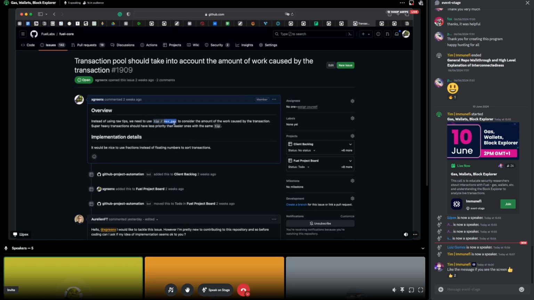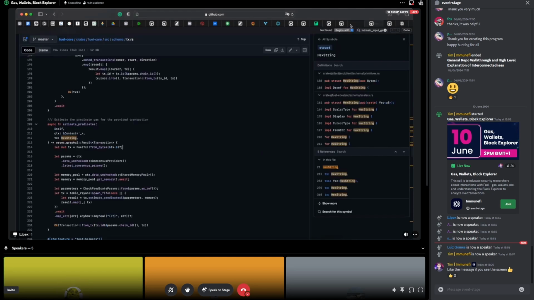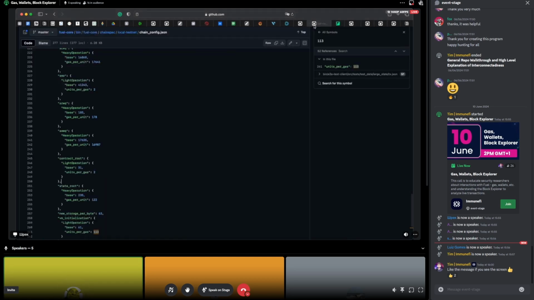So if your transaction consumes a lot of gas and you have the same tip as other people, you have less priority than them. So the block producer will try to select transactions that require less work and give more tip. So just for the future, because maybe it will be important.